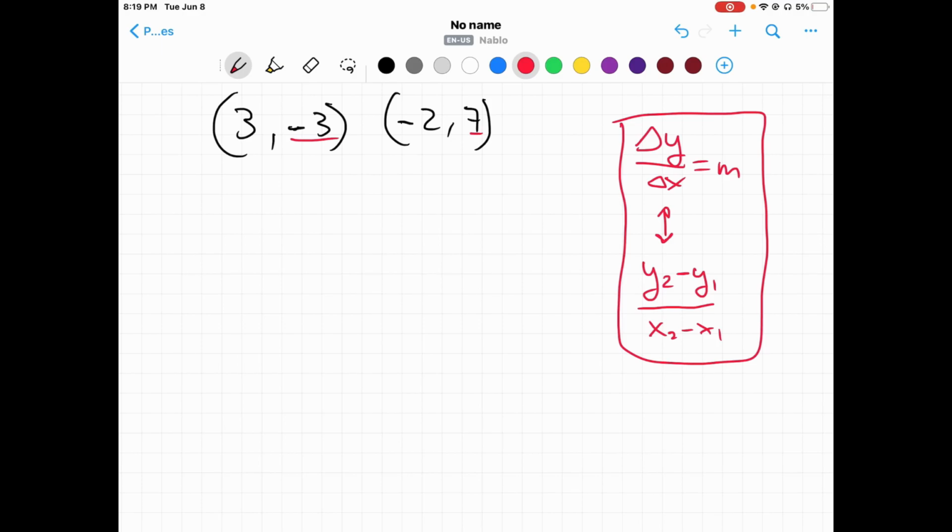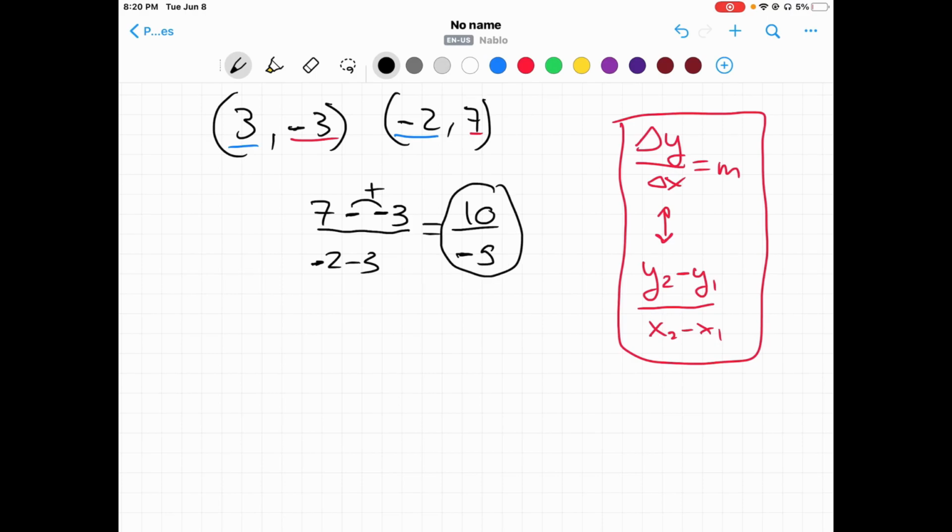So we would just do 7 minus negative 3, which would be a plus, and we would get 10 in the numerator. And now x2 would be negative 2 and x1 would be 3. So negative 2 minus 3 is equal to negative 5. So 10 over negative 5 would be your slope, which simplifies down to negative 2.